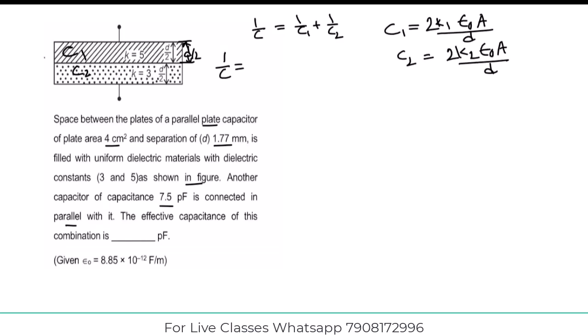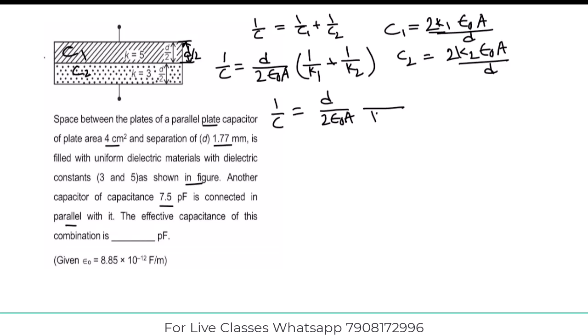So 1/C1 is d/2 over ε0AK1, and taking d/2ε0A as common, we get 1/K1 + 1/K2, because d/2ε0A is common to both C1 and C2. So 1/C = d/2ε0A times (K1 + K2)/(K1K2), where K1K2 is the LCM.